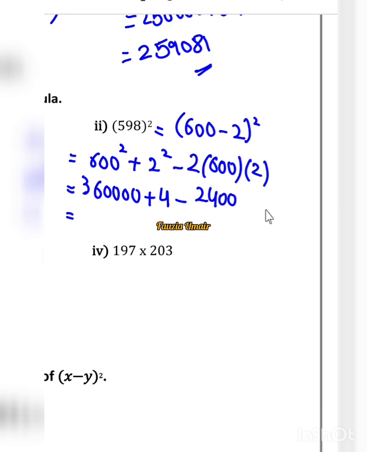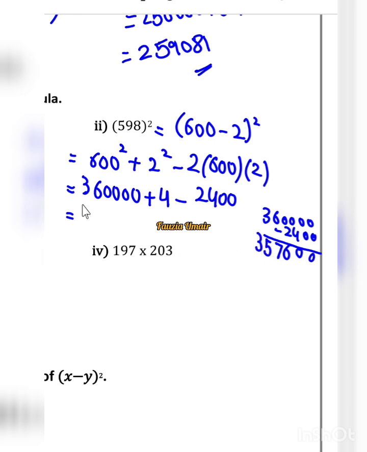So let me quickly write down 360,000 minus 2400. This is not addition now, it is subtraction, so I need to be sure. So 0 minus 0 is 0, this 0 is also 0. So 10 minus 4 is 6, 9 minus 2 is 7. So this will be 5. So this is your answer.